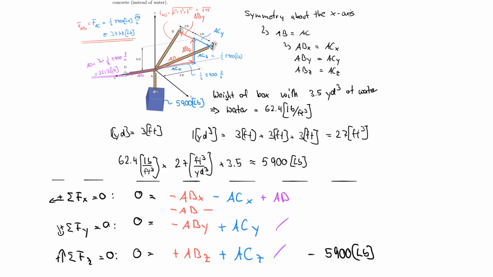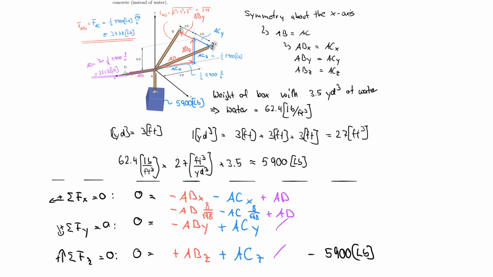So that means I have to multiply it by 8 and divide it by the square root of 98, right? And the same is true actually for AC. So minus AC square root of 98 multiplied by 8 plus AD.